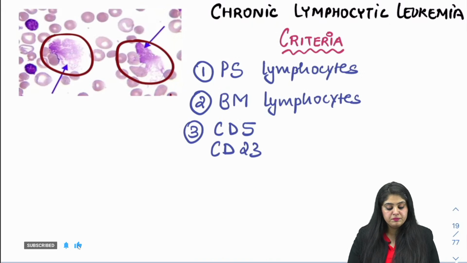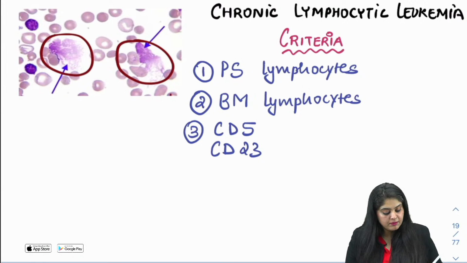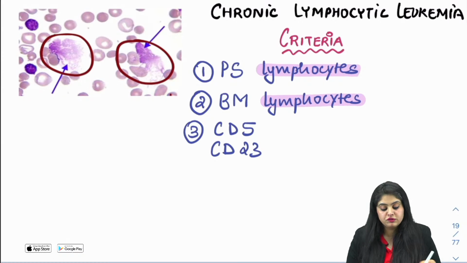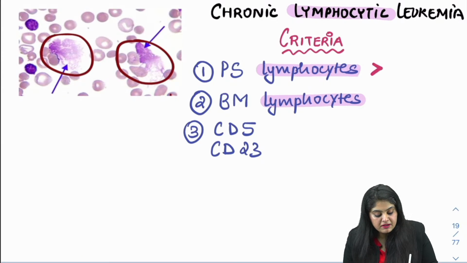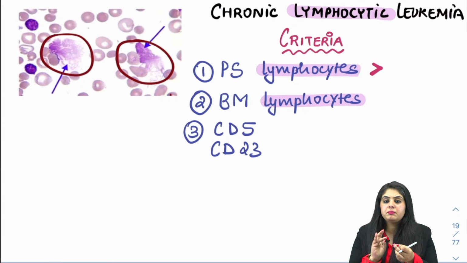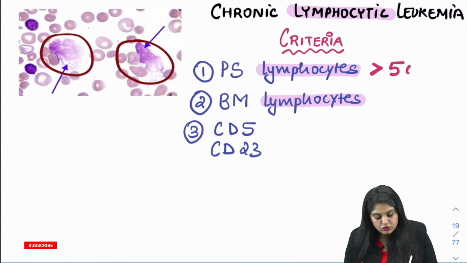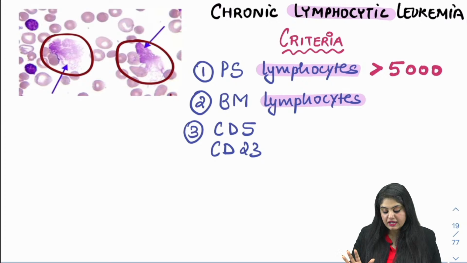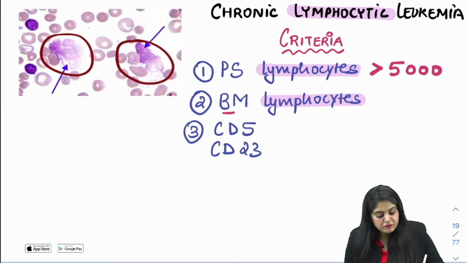First, you need to know the criteria for CLL. Everywhere I am going to use the word lymphocyte, lymphocytic leukemia. Please remember, in the peripheral smear, if I take a simple blood prick, a regular blood sample, the lymphocytes should be more than 5,000. That is the cutoff. How many lymphocytes should I see in someone's bone marrow?